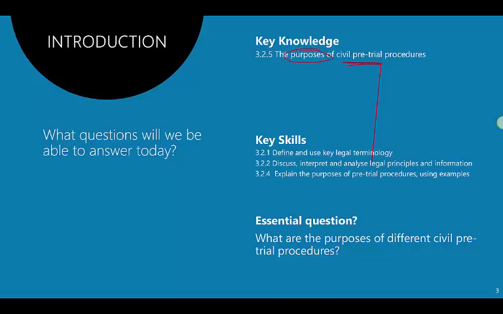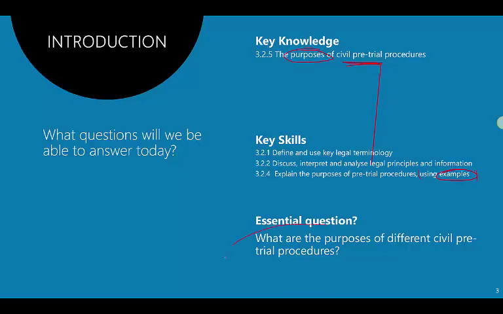But then we are going to look at three pre-trial procedures that occur before a civil trial in the Supreme Court, because the key skill asks us to explain the purposes of pre-trial procedures using examples, meaning using some specific pre-trial procedures to illustrate how those purposes are met.